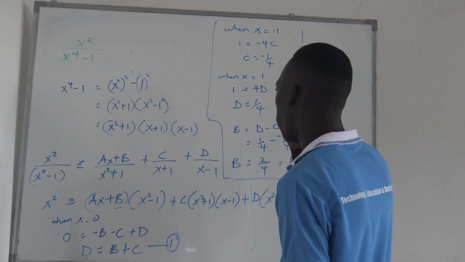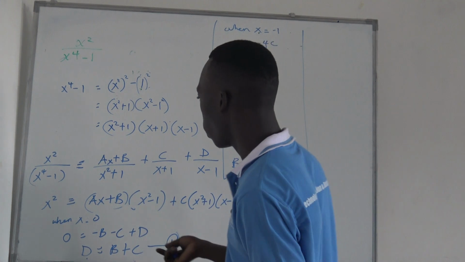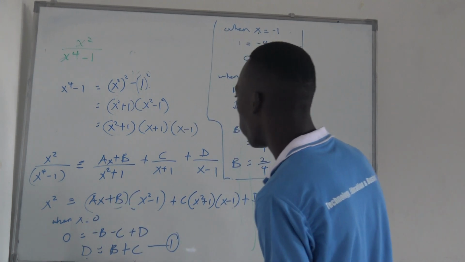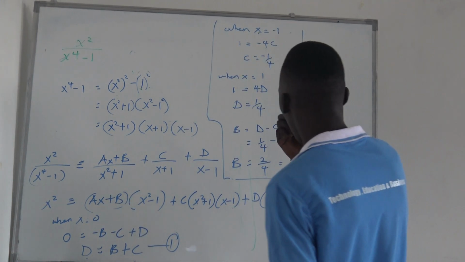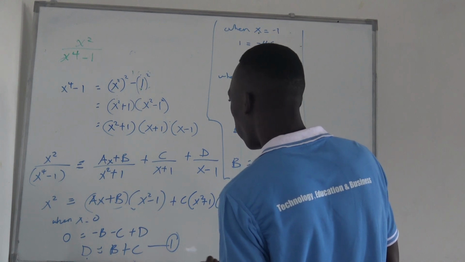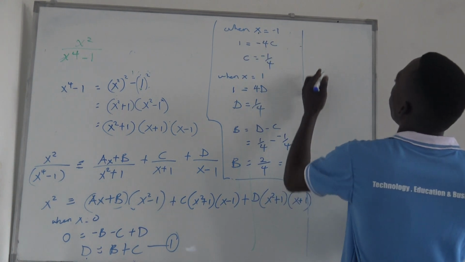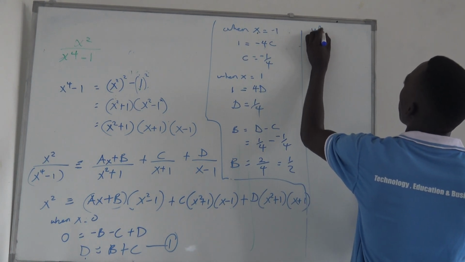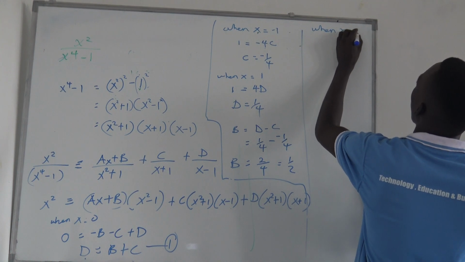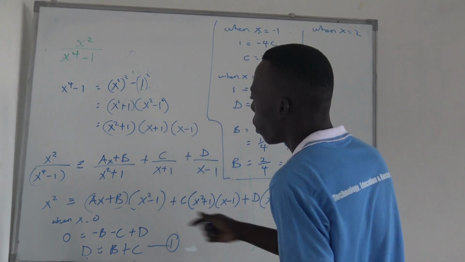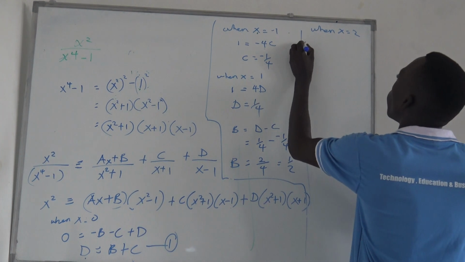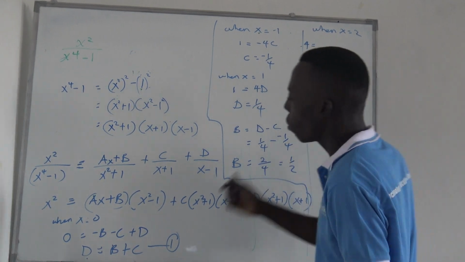So we have to get now the a. I think I can put in a 2 when x equals 2. So when you put in a 2 there, you have a 4 equals 2.